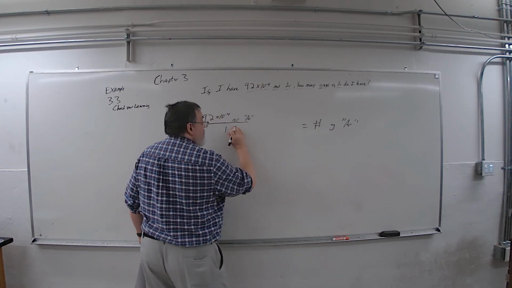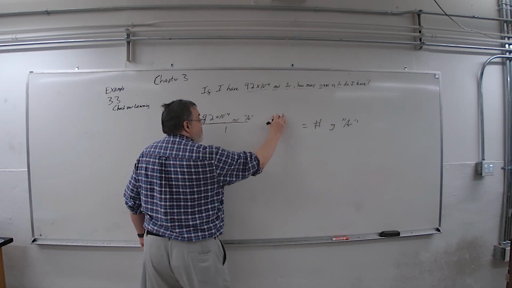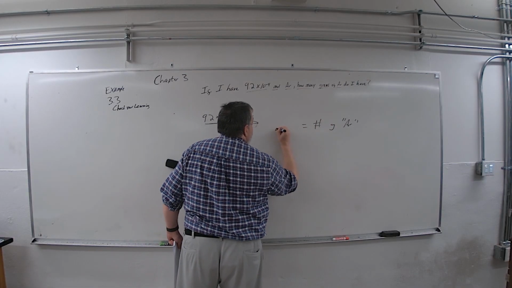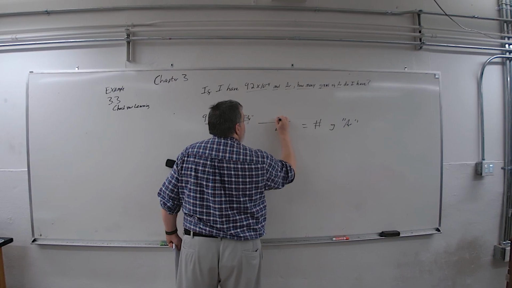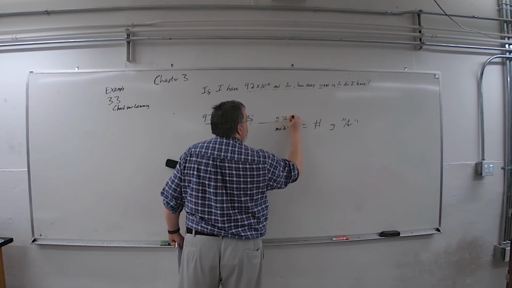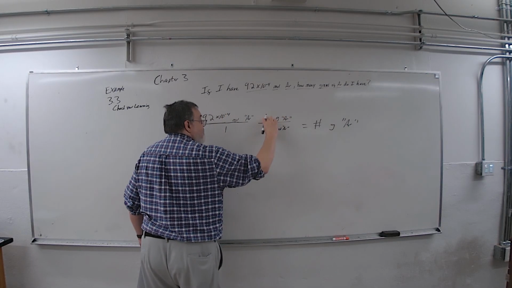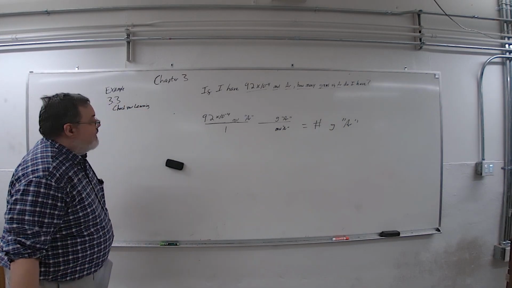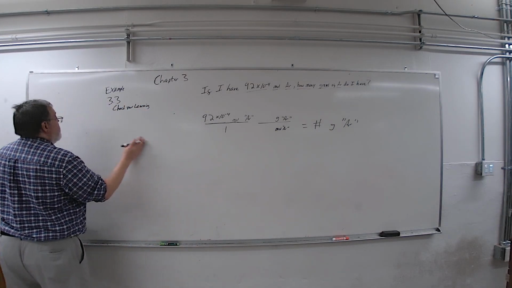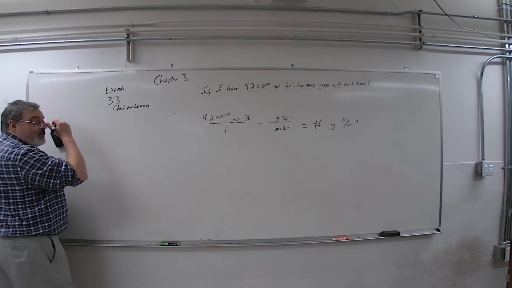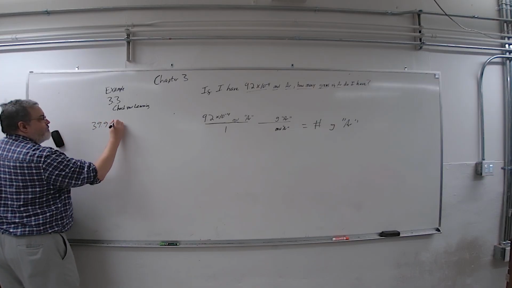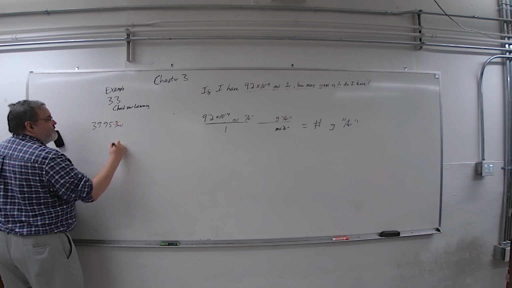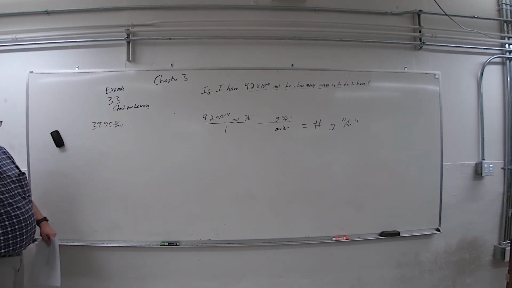Moles needs to cancel, and grams needs to survive. So I know it's this, moles of argon over grams of argon. And now I just need the numerical values that go in here. Look on the periodic table, what do you see for argon? It's on the right side. 39.95. Grams per mole is what it means, not moles per liter.